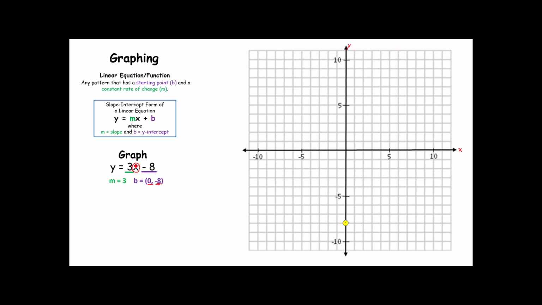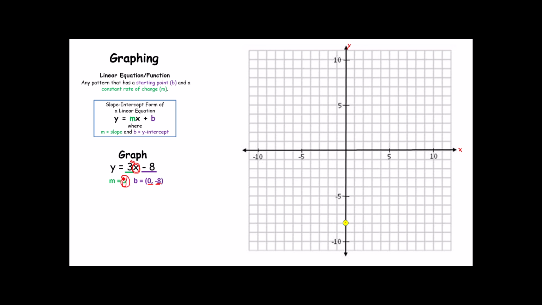And then I want us to think about my rate of change. The rate of change says that every time x gets bigger by 1, I'm going to be adding another 3. So in position 1, I'm going to have my -8 and 1, 3, which would be a -5. But I can represent that graphically this way.